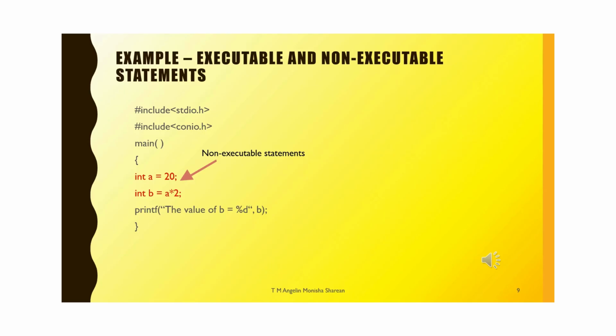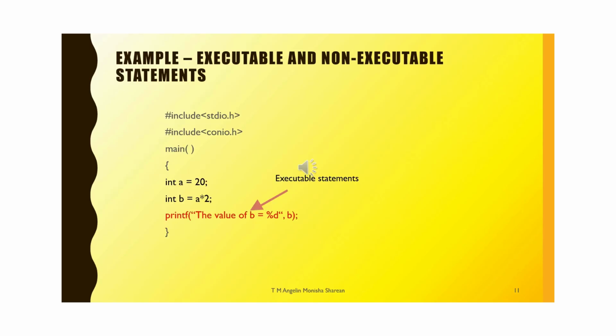Here, the direct declaration, that is, the value 20, has been assigned to the variable a, and in the second line, the calculation a * 2, which multiplies the value of a by 2, has been assigned to b. So these two statements are non-executable statements. The highlighted lines are the non-executable statements. Specifically, these non-executable statements are assignment statements. The values have been assigned to two variables a and b.